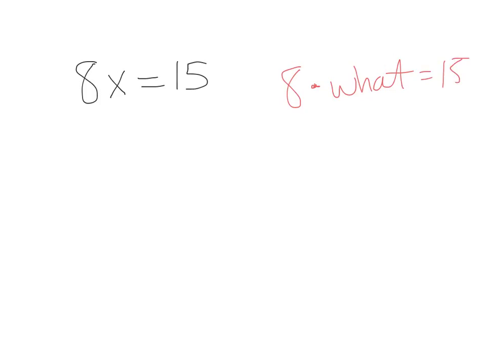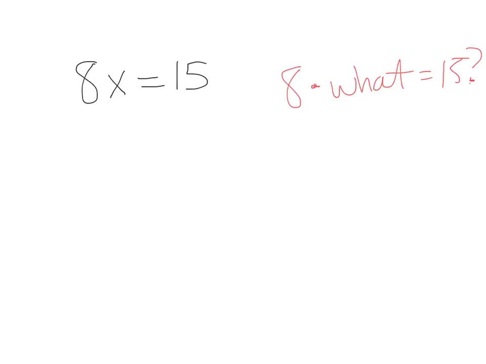So now, the reason we need to think about all these things is for if we had something really obnoxious, like 8x equals 15. So now I don't have the answer to this. 8 times what equals 15? I have no idea. That's not a fact I know.